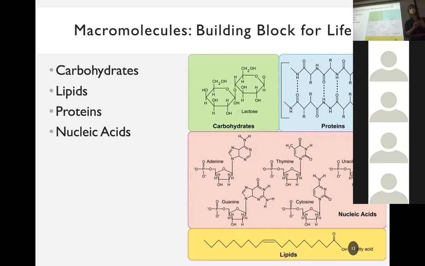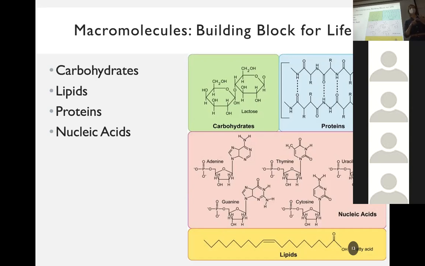I'm going to go through each one and talk about their characteristics and why they're important from a biological perspective. So we have carbohydrates. I think everyone knows that word. We'll talk about what carbohydrates really are.